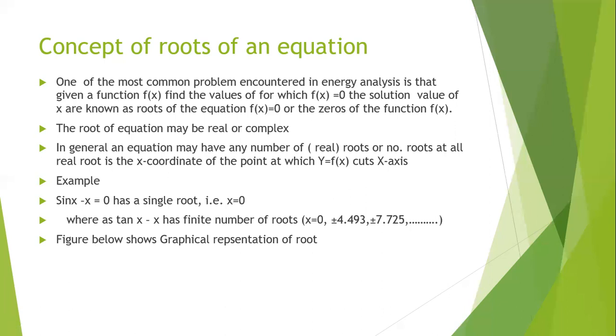The value of x is nothing but the root of the equation. It may be a real root or a complex root. In general, an equation may have any number of real roots. A real root is the x coordinate of the point at which y = f(x) meets the x-axis.